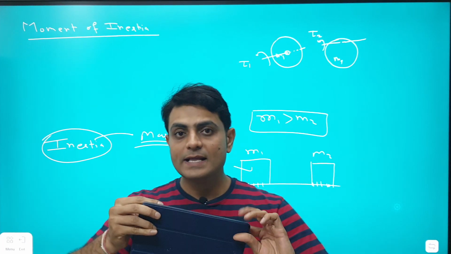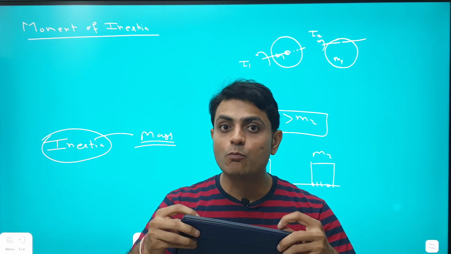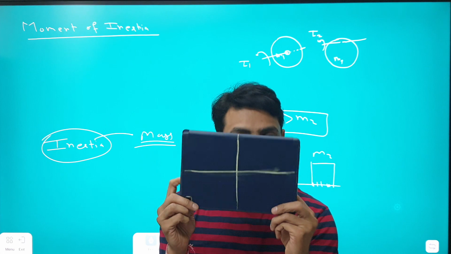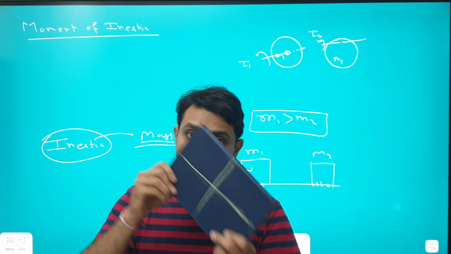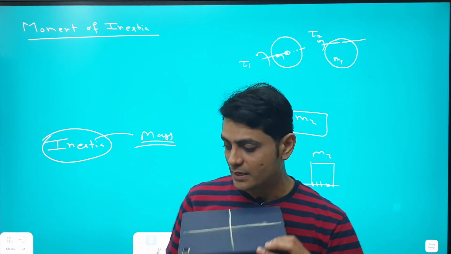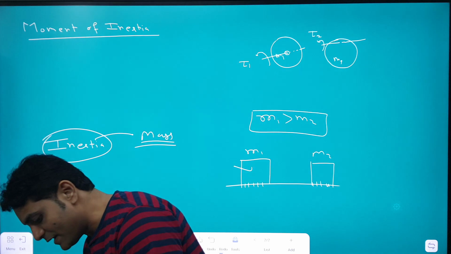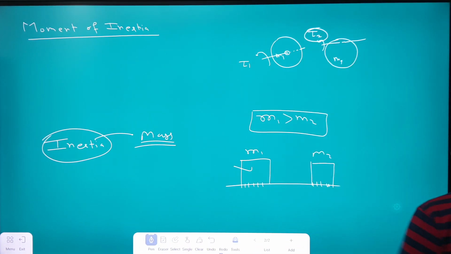You will feel that when the axis is away from the center, you have to exert more torque, or more force, to rotate the object. The object resists more if the axis is away from the center of mass. So when the axis is away from the center of mass, the torque required is greater.